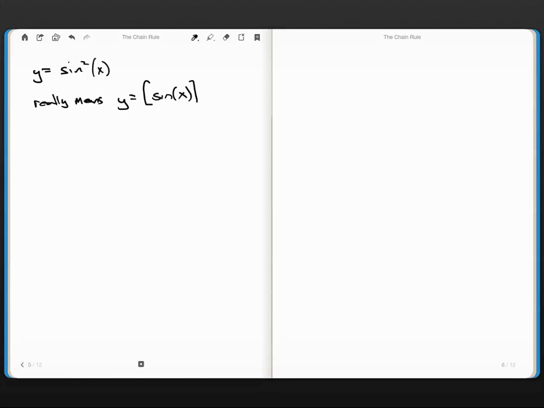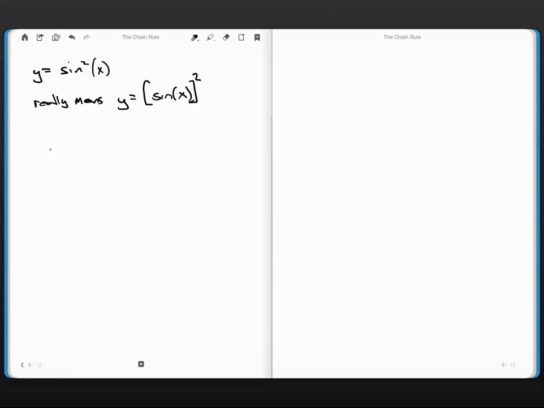That's what sine squared of x is: sine of x quantity squared. Once again, a function inside of a function. The inner function is sine of x, the outer function is this thing squared.